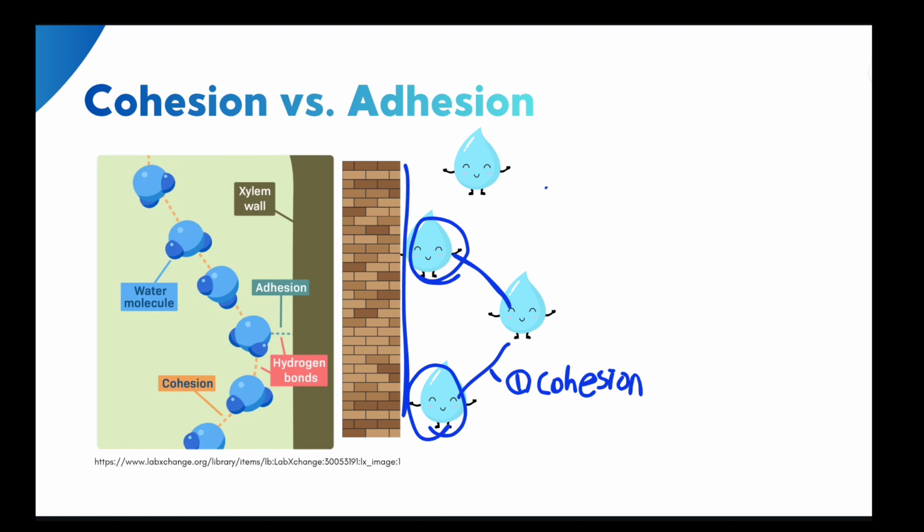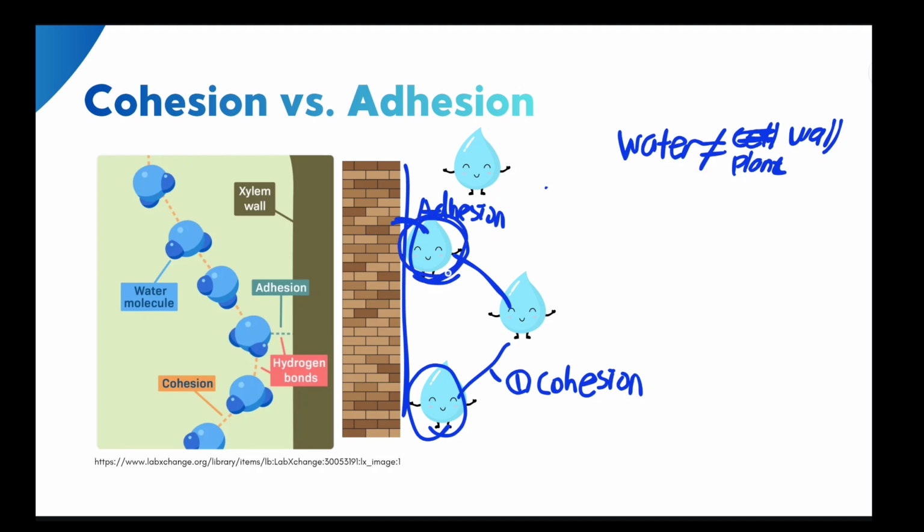I want to be attracted to you." And then the wall says, "Yeah, sure, come in." This is adhesion, because water and the plant cell wall are different substances. That's why adhesion is happening.